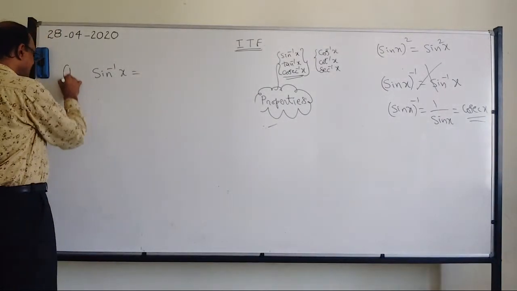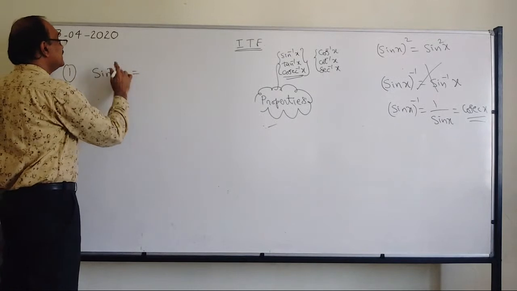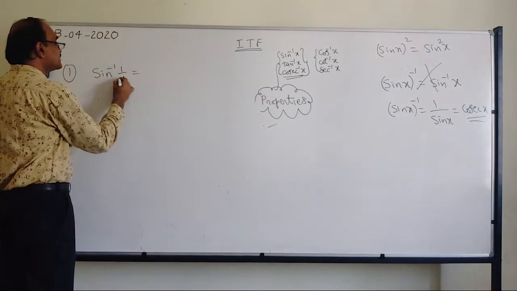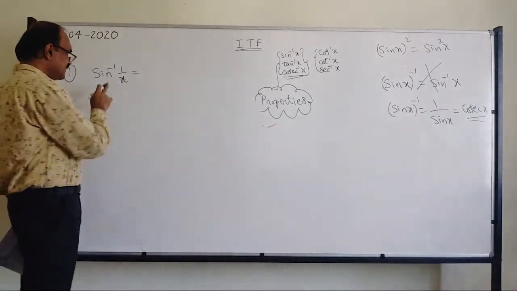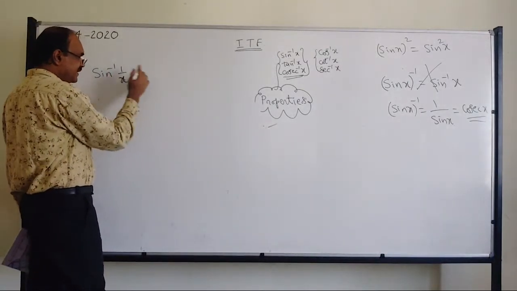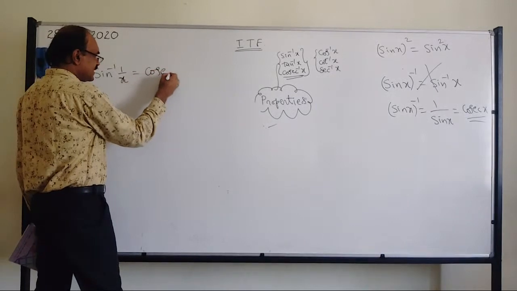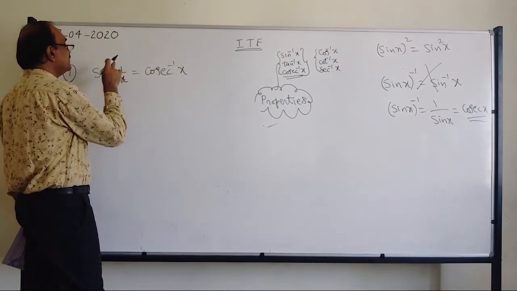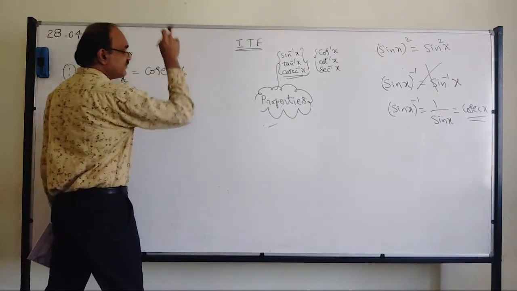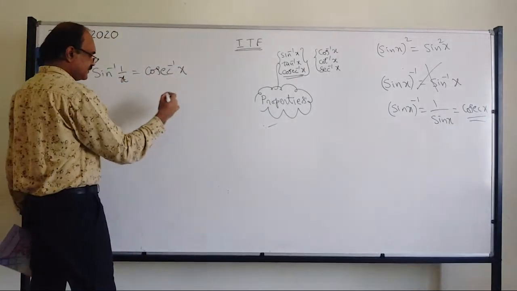Sin inverse of 1 by x is cosecant inverse x. Or I can write sin inverse of x is cosecant inverse of 1 by x.